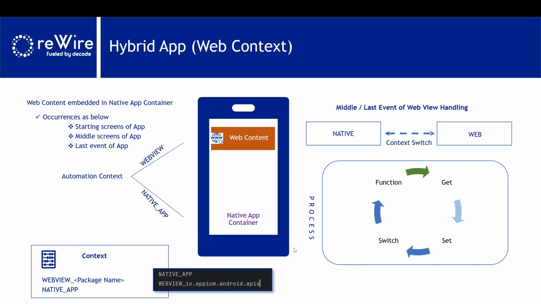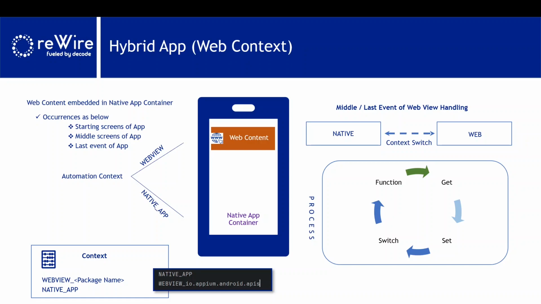So this is about the hybrid app, where you want to see where the particular screens are available: middle of the screen, or starting of the screen, or last of your business process. Here it will not switch out to the web page, but that particular web page is rendered within the native app container.